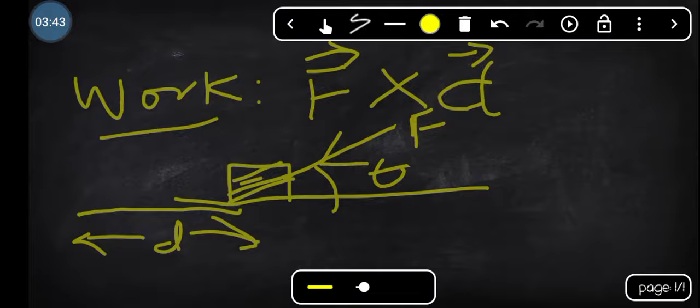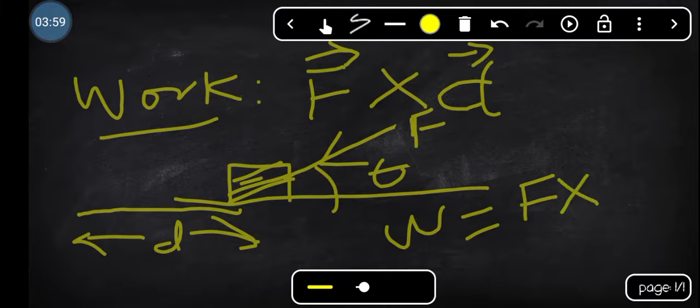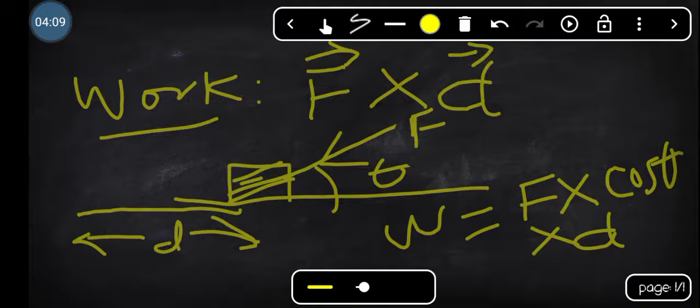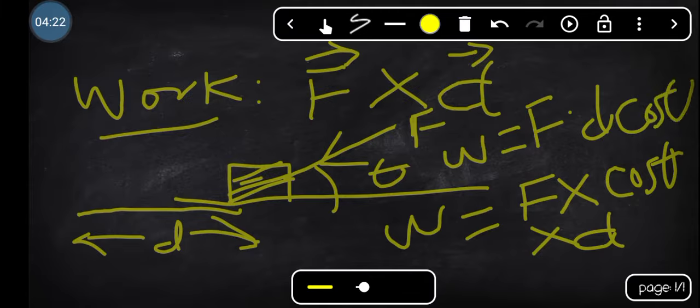Now, this force that is applied on this object at this angle theta, the work is equal to F times cos theta times D. In essence, work is equal to F D cos theta.